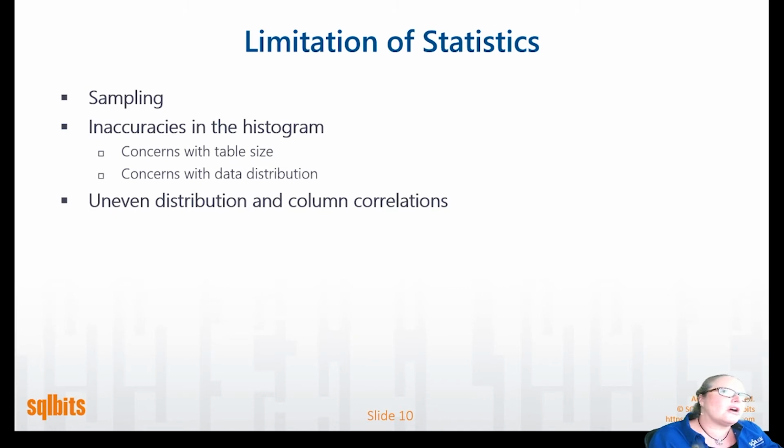So what we're going to do is talk about some of the limitations of statistics, which happen if SQL has to do sampling. Some of the limitations also occur in the way that the histogram is built. And there are some scenarios that are just very hard for anyone to calculate in terms of an estimate, like when you have very weird distribution across your data. And I'm going to show you a scenario for that one.